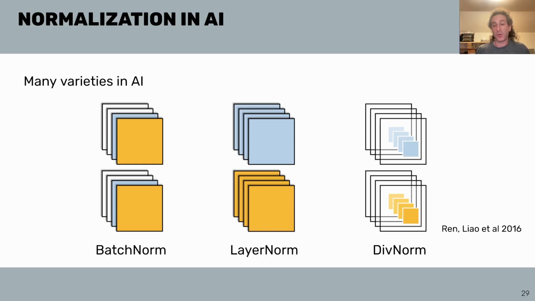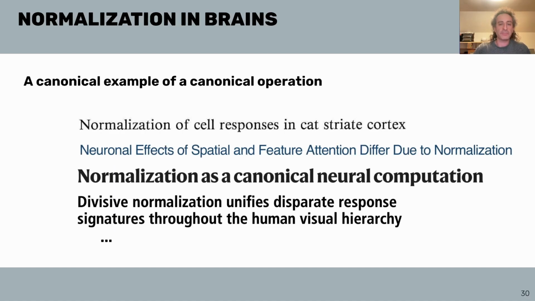And then subsequent work said, well, maybe we don't want to use the whole layer, but some local normalization, leading to different variants of divisive normalization. All of these are currently in use and there are many more of them too, and have pros and cons in the use of AI. And we'll look at some of these.